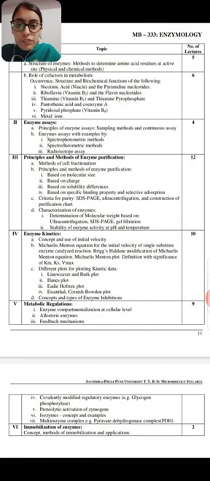Second is riboflavin, which is also known as vitamin B2, and as the name indicates, riboflavin is composed of 2 flavin nucleotides, flavin mononucleotide and flavin dinucleotide.